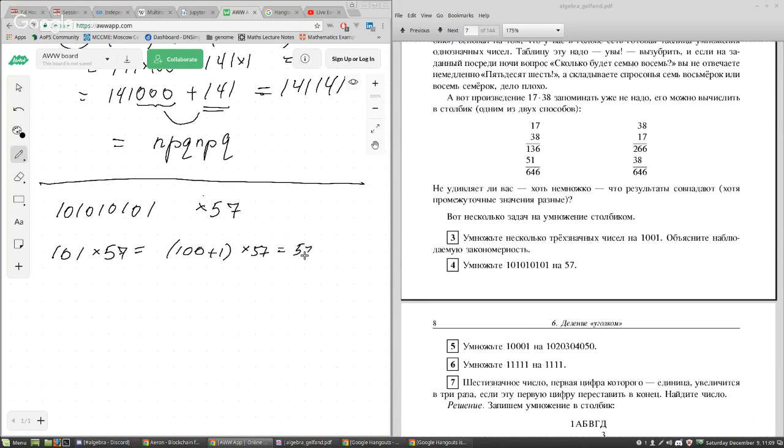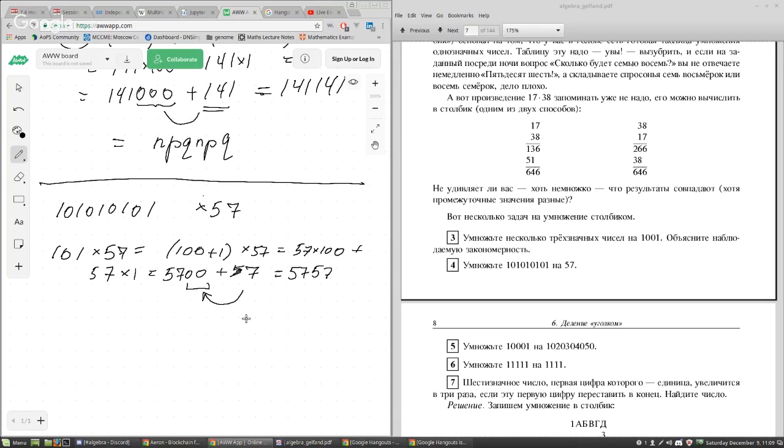So we get 57 times 100 plus 57 times 1. And 57 times 100 is, of course, just 57 with 2 zeros attached at the end, plus 57 times 1 is 57. Now look, 57 is a 2-digit number, and I have 2 zeros. So the 57 is going to replace those 2 zeros, and we're going to get 57, 57.